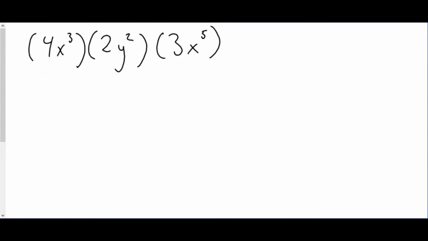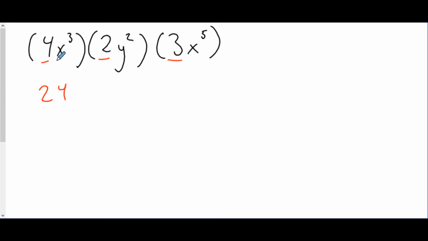Next question, a little bit more complicated. I've introduced more coefficients. So I am going to multiply all my coefficients together. 4 times 2 is going to be 8. And then times 3 is 24. And then I want to add my exponents. So I notice here that I have x's and y's. Remember that we can only combine if they have the same base.